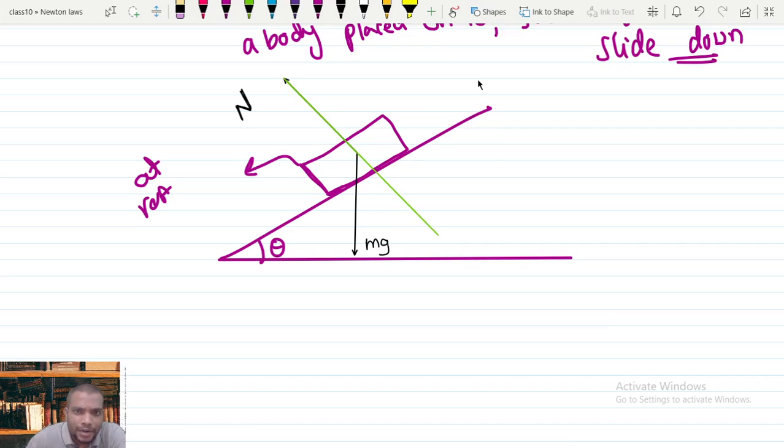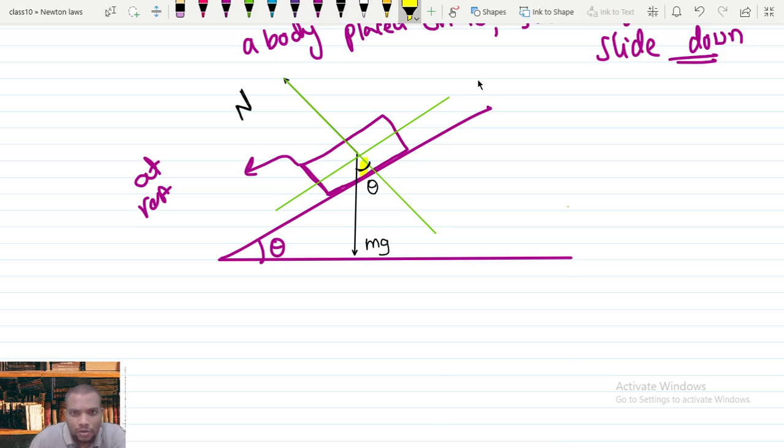Now I can take the coordinate axes here, the positive x-axis and negative x-axis. The very important thing here is that this is an angle theta, and these two angles are equal.